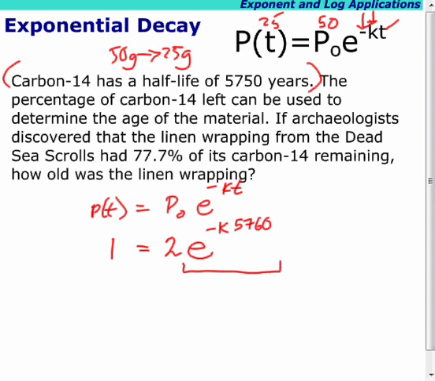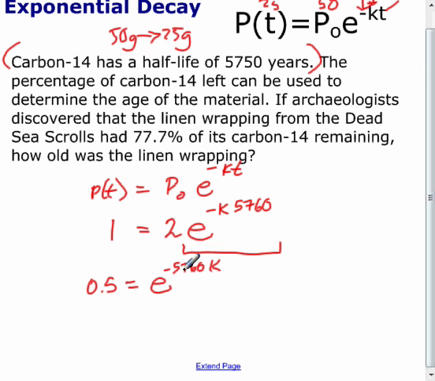Again, in solving for k, or a variable that's in the exponent, I have to isolate that part. We'll divide both sides by 2. So I'll get 0.5 is equal to e to the minus 5760k. I just changed the form a little bit. Now, change to logarithmic form if you want.